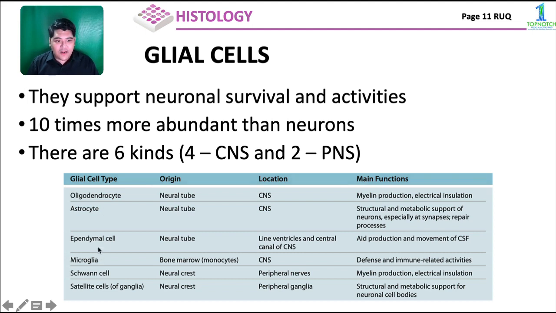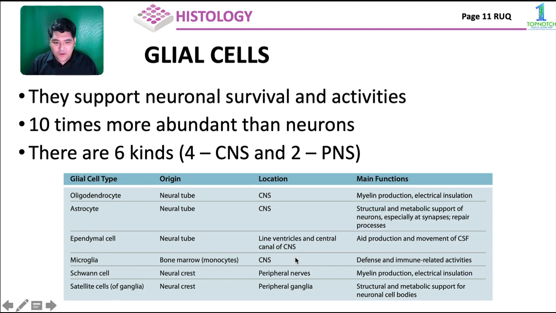Ependymal cells, naku, pag narinig nyo to, dapat tapos na ang usapan. Makikita siya saan? Ventricles and central canal of CNS. Important in the production and movement of your CSF or cerebrospinal fluid. Microglia, as discussed earlier, form part of the mononuclear phagocyte system, it is from the bone marrow.